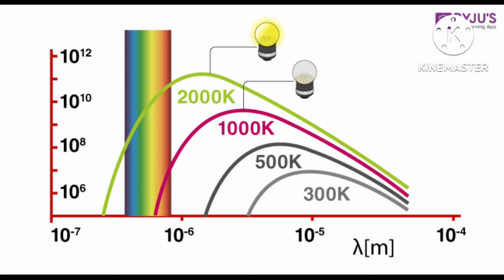Now I am going to discuss the photoelectric effect. This is again a very, very important term, and a question is always asked on it. In 1887, H. Hertz performed a very interesting experiment involving electrons.